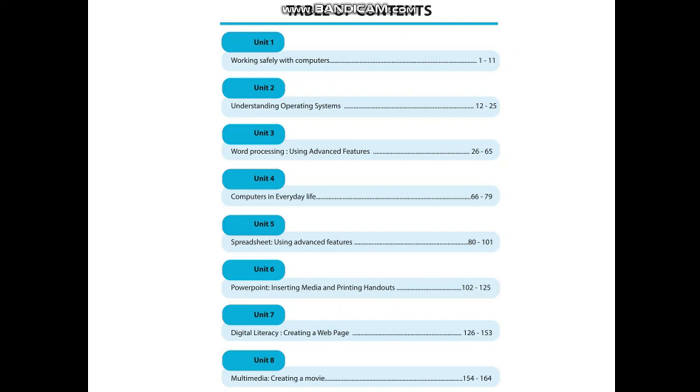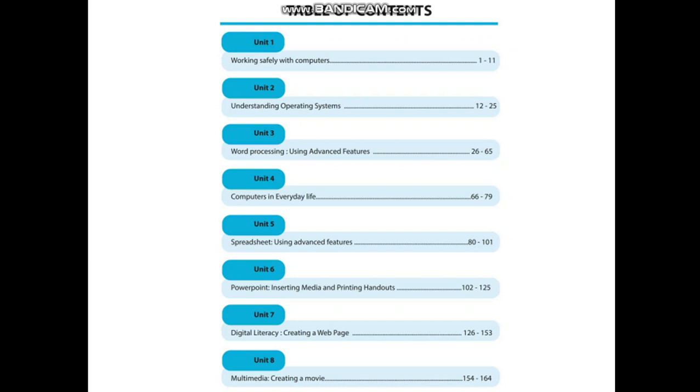Unit 5 talks about spreadsheets using advanced features. It also talks about Microsoft Excel, and Unit 6 talks about PowerPoint, inserting media and printing handouts. It's also a Microsoft program, used to make presentations and stuff like that.